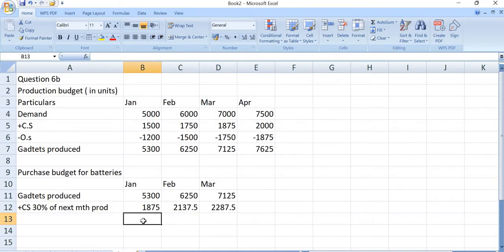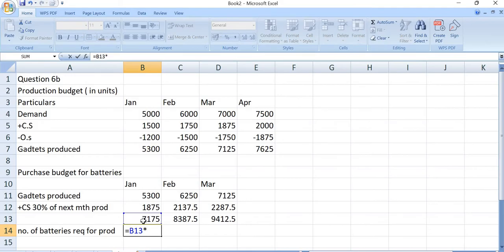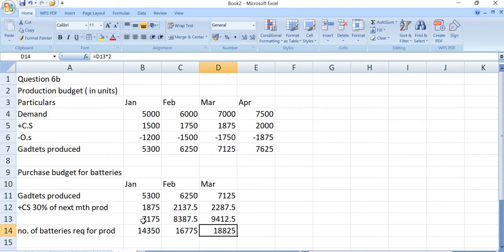So totally we require 7,175, 8,387 and 9,412. The number of batteries required for production is 7,175 into 2, that is 14,350, 8,287 into 2, and here it is 18,825.